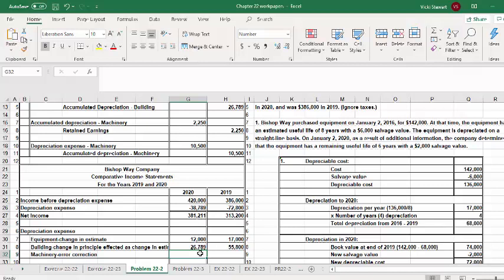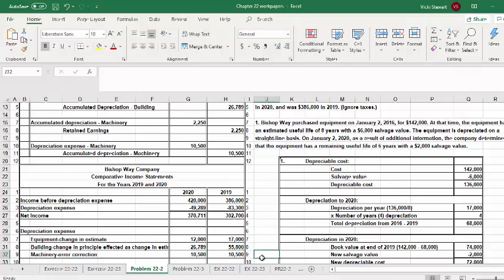So when we have an error in depreciation expense, that is considered to be a prior period adjustment. So we would report the correct amount of depreciation expense for 2020, and we would also retrospectively report the correct amount that should have been reported for 2019.